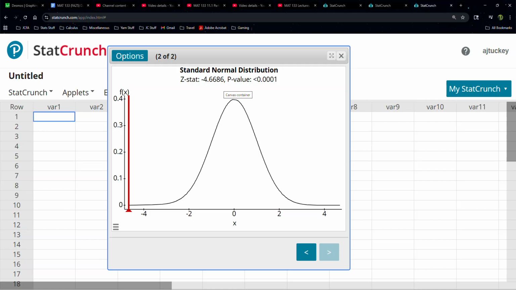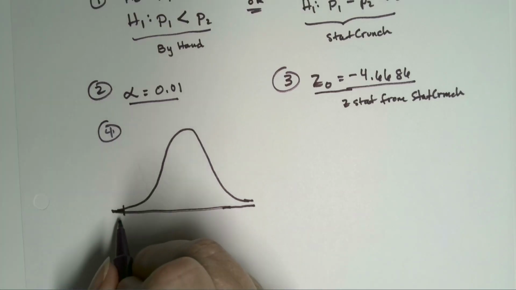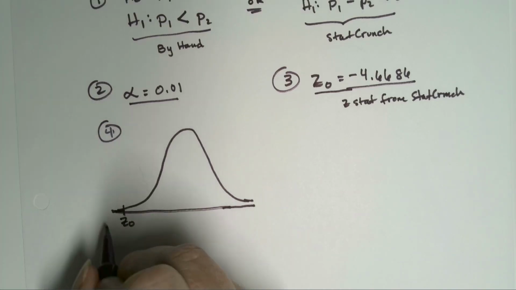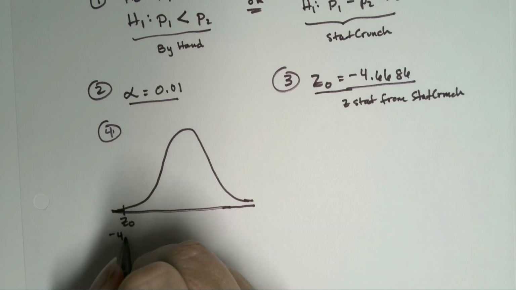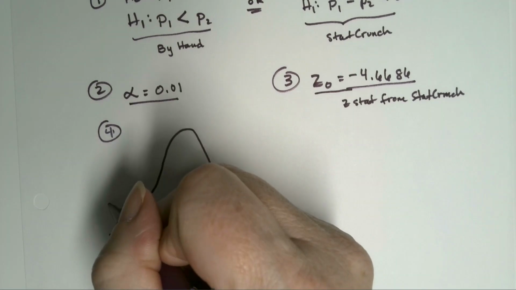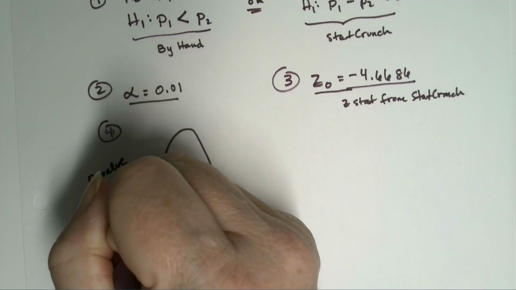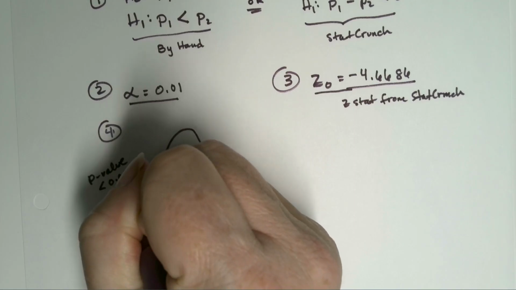So we're just going to shade a little tippy tip on the left-hand tail and then label it. So this is z-stat from StatCrunch. This is that same z-stat. So that's z0, and we're going to label it with its letter and its number. And then we're going to say this little tail over here is the p-value. Well, the area of it is the p-value, which was less than 0.0001.